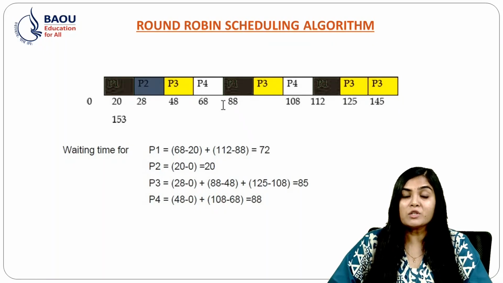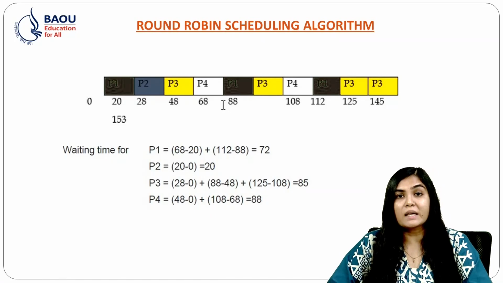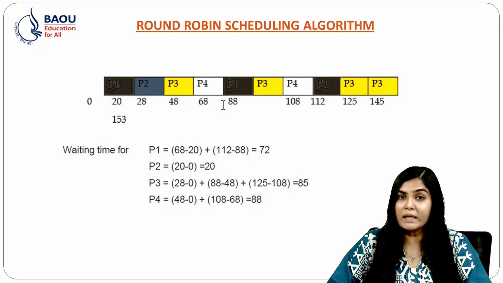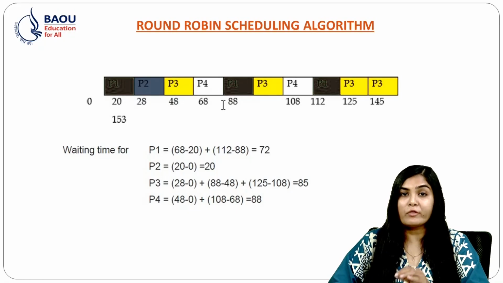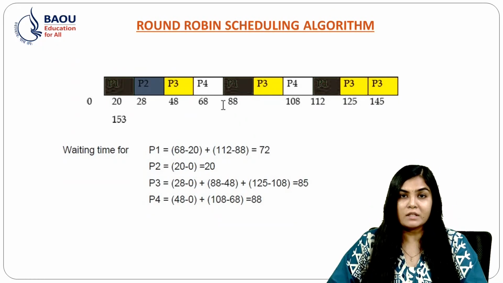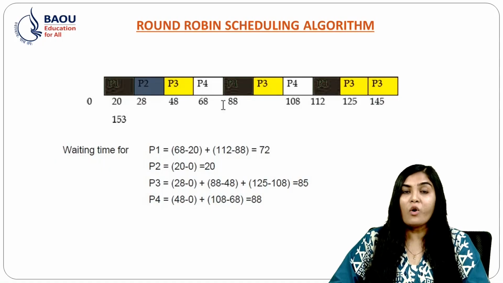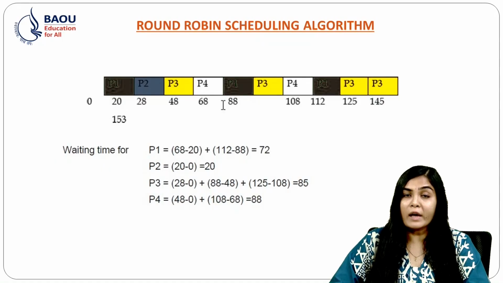So the calculation of waiting time will be 20 minus 0 plus 88 minus 48 plus 125 minus 108. So it will be 28 plus 40 plus 17, and the summation of this value becomes 85 milliseconds. For process P4, the wait time will be from 48 to 108 milliseconds.